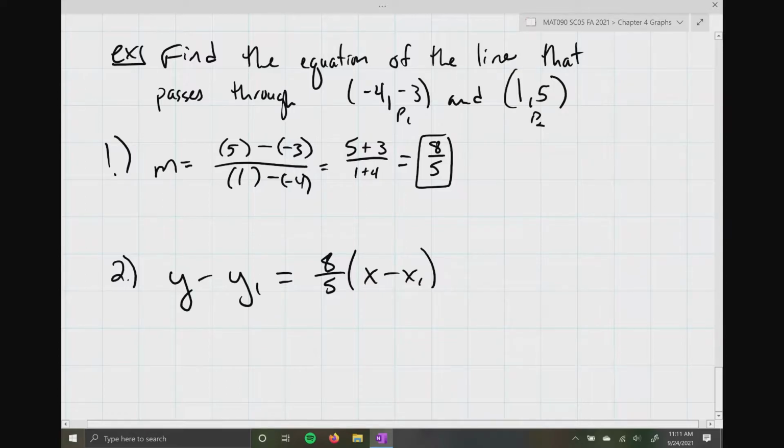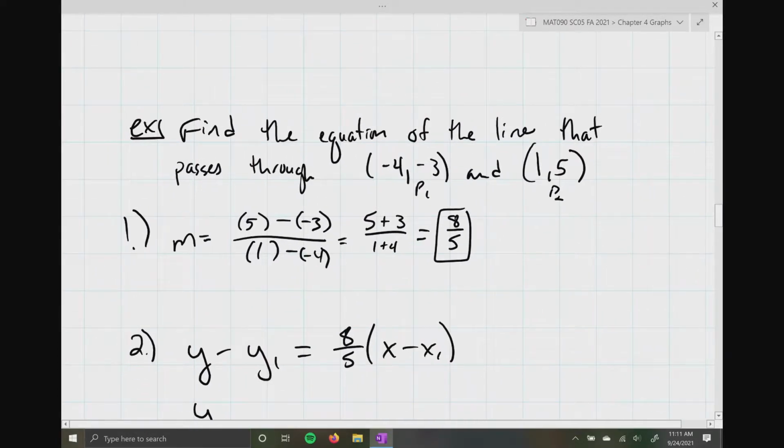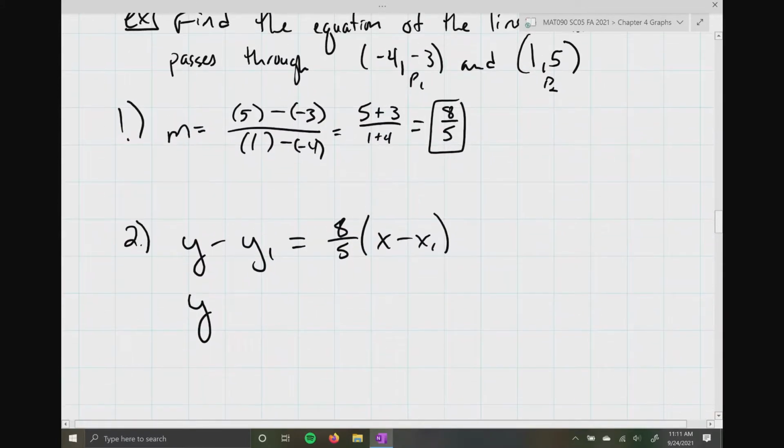And now I'm going to pick my point. Sorry, there we go. Little Galileo hair on my computer. So let's see here. What point do I want? I'm going to pick point 2 because there's fewer negative signs. So I get y minus 5 equals 8 over 5 times x minus 1.